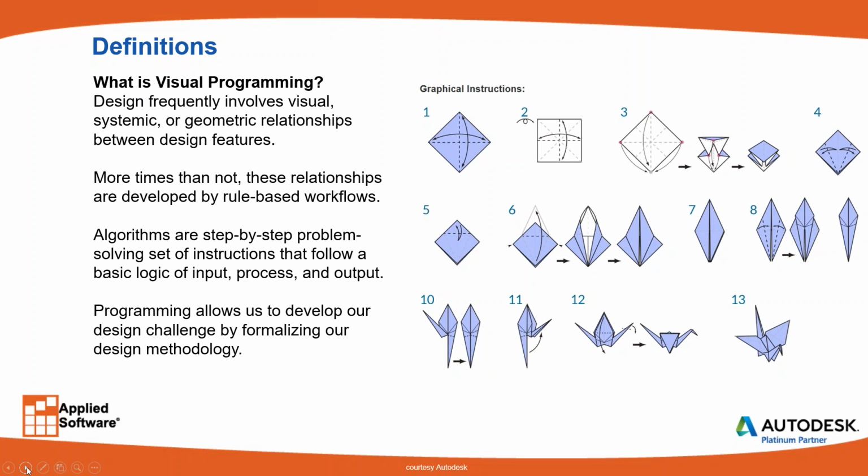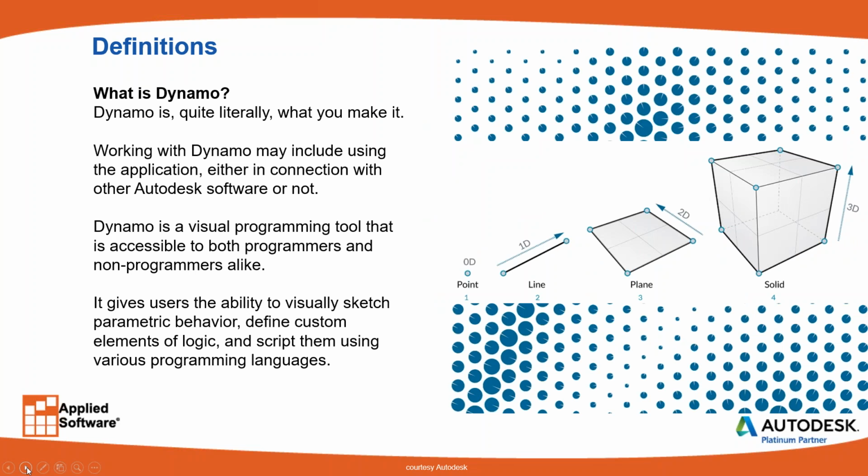The algorithms, or step-by-step problem-solving sets of instructions that follow a basic logic of input, process, and output, this is what we refer to as visual programming. It's visual because it involves geometry and shapes. Programming allows us to develop our design challenges by formalizing our design methodology.